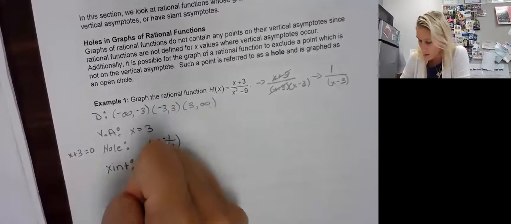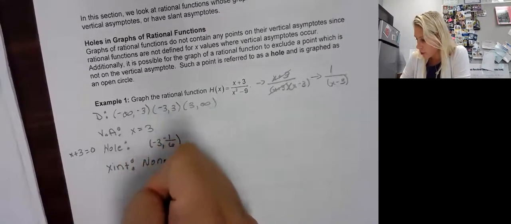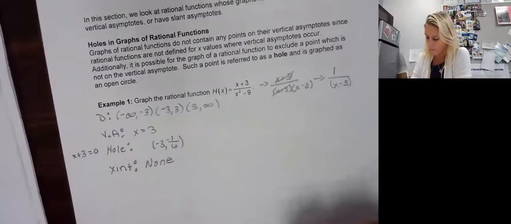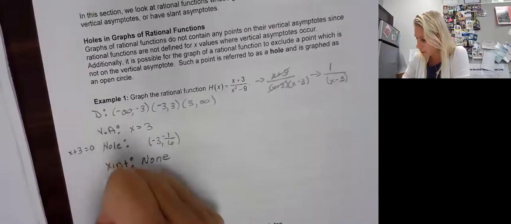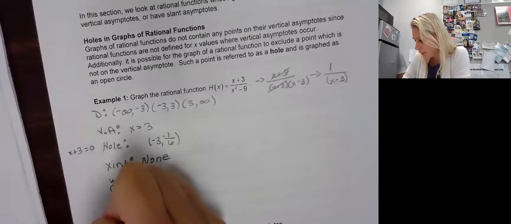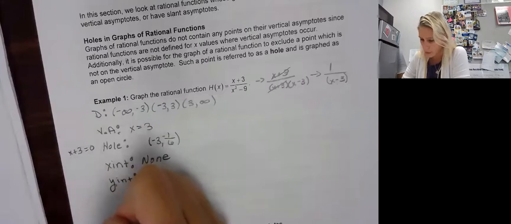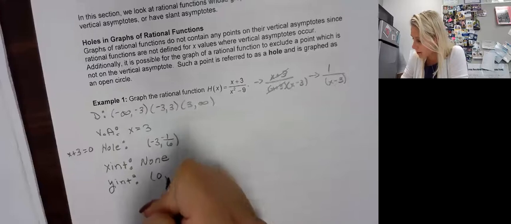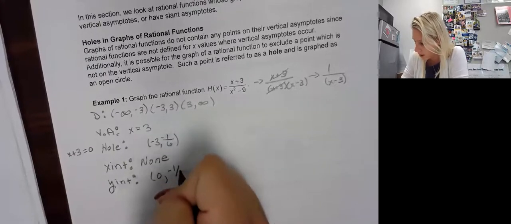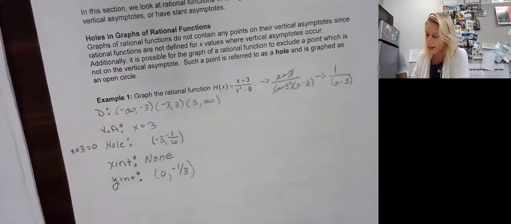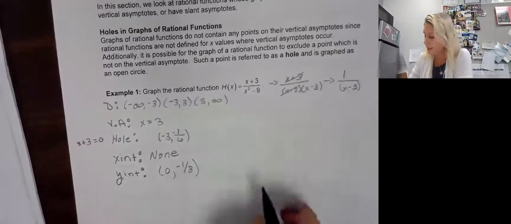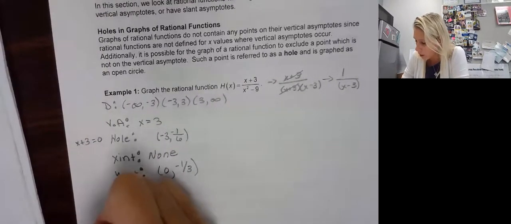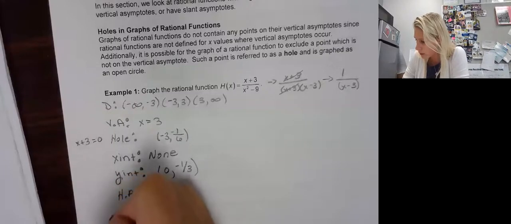So we have no x-intercepts. How do we find the y-intercept again? We find it by plugging in 0 for x. And that is a coordinate, so 0, -1/3.